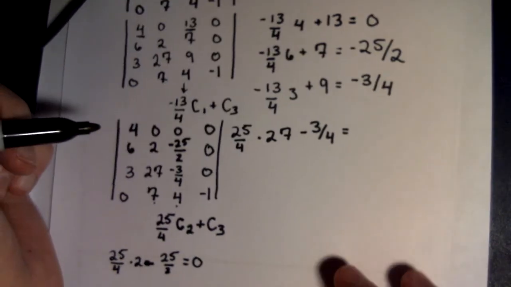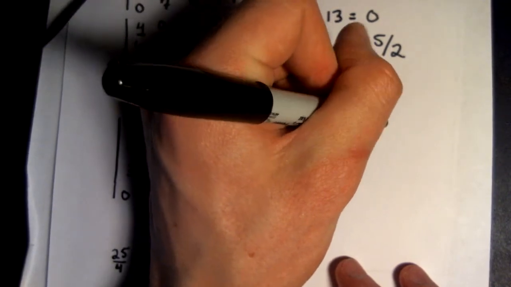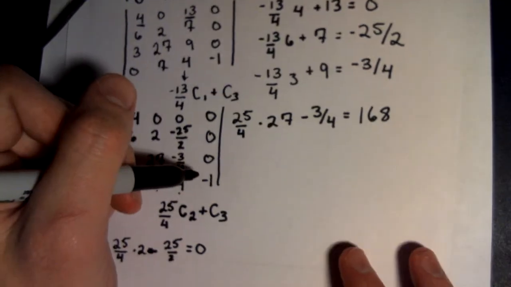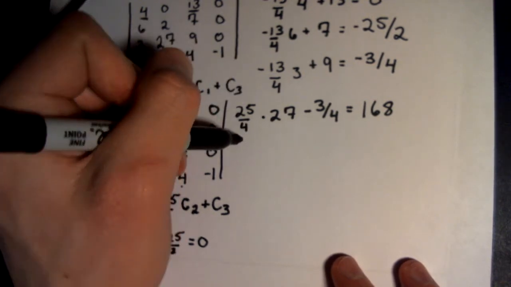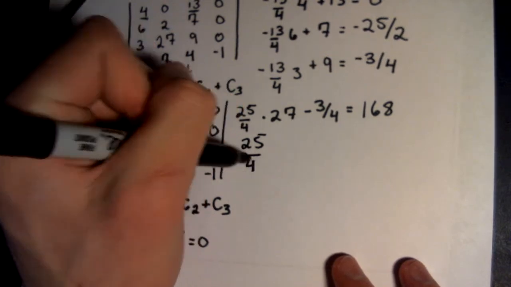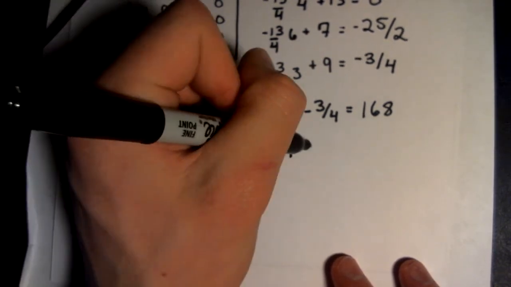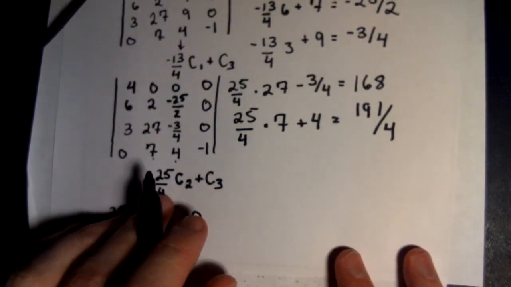And you're going to have to trust me on this one. This one is 168. And when I saw this value, I was like, alright, I'm on the right track. Like, that's a whole number. Maybe the guys gave me a whole number to work with. And then I came here. I had 25 over 4 times 7 plus 4. And that's when I got 191 over 4. So I was back to uncertainty.